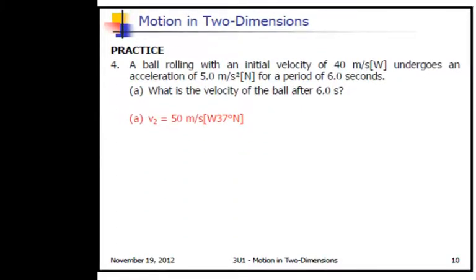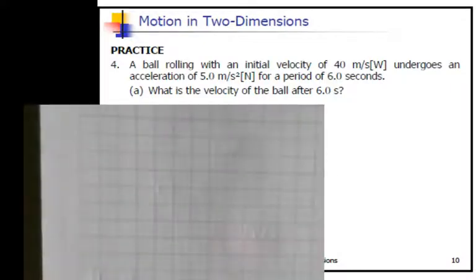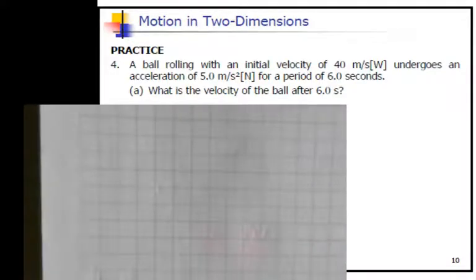Question 4, we have a ball rolling with an initial velocity of 40 meters per second west. It undergoes an acceleration of 5 meters per second squared north for a period of 6 seconds. What is the velocity of the ball after the 6 seconds? Well, this question we will solve using, I'm going to bring my screen back to its original size.